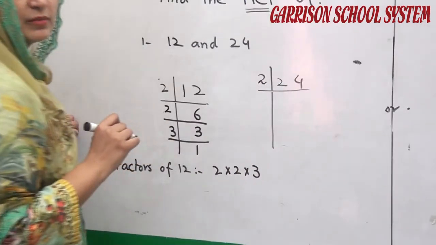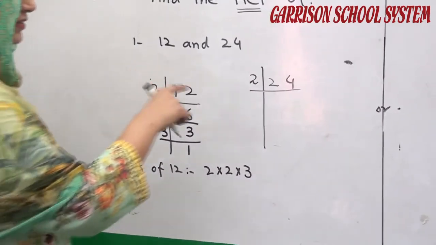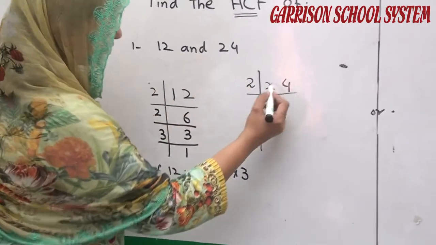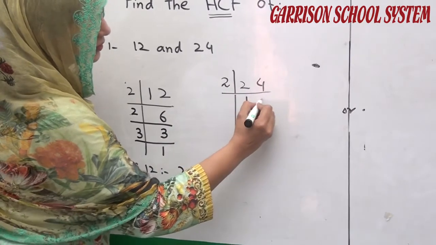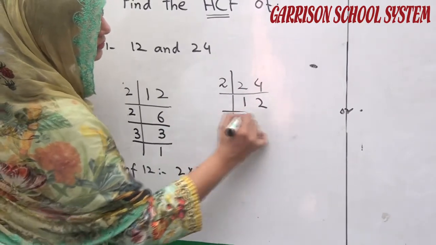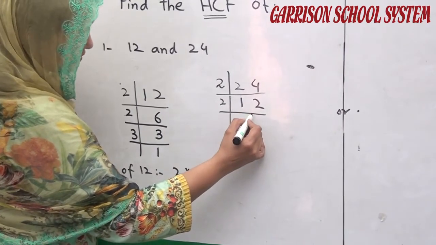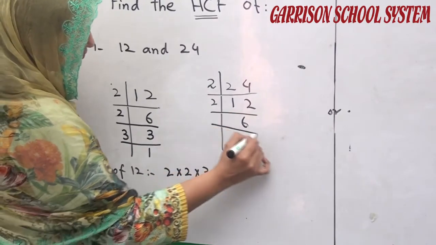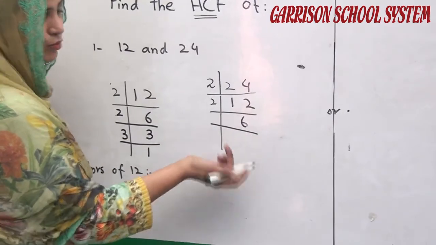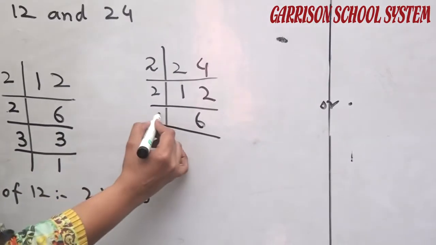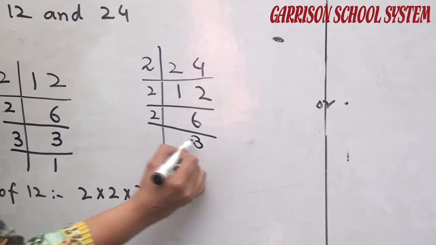2 is the smallest number which divides 24. 24 is divided by 2: 2 twelves are 24. Then 12: 2 sixes are 12. Then 6 is divided by 2 easily: 2 threes are 6.